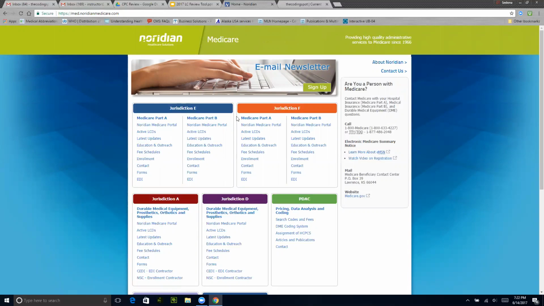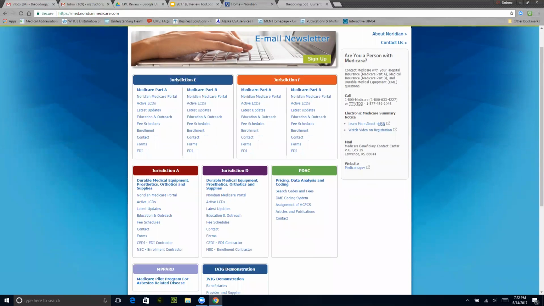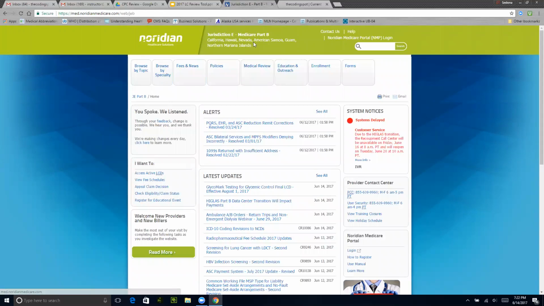And you might forget what jurisdiction you're in, if you're in Arizona. Sometimes I still have to look it up and I'm like, oh my gosh, I picked jurisdiction E when Arizona's jurisdiction is F. So I'll just show you really quick the difference, right? Jurisdiction E: California, Hawaii, Nevada, American Samoa, Guam, Northern Mariana Islands. So obviously Arizona's not on there, right?